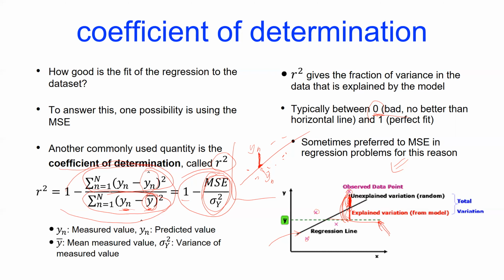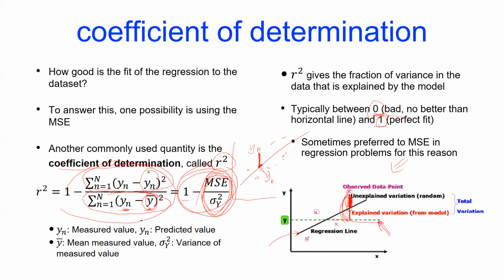Every time you give me a number, I just tell you the average. If R squared equals 1, that means this term equals 0, so the MSE part is equal to 0. That means my line always explains your observation. Do you see that? I hope you now see why this measure makes sense.